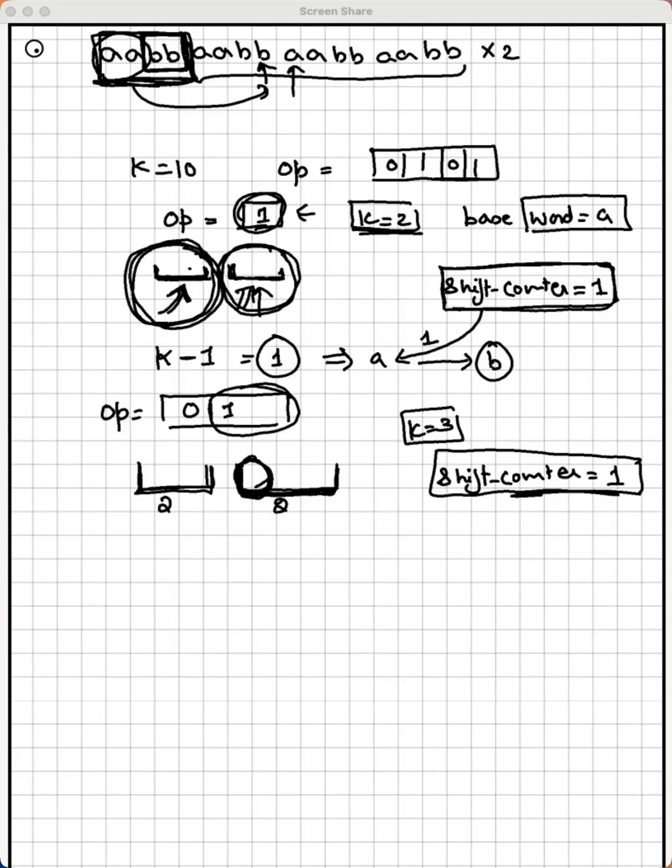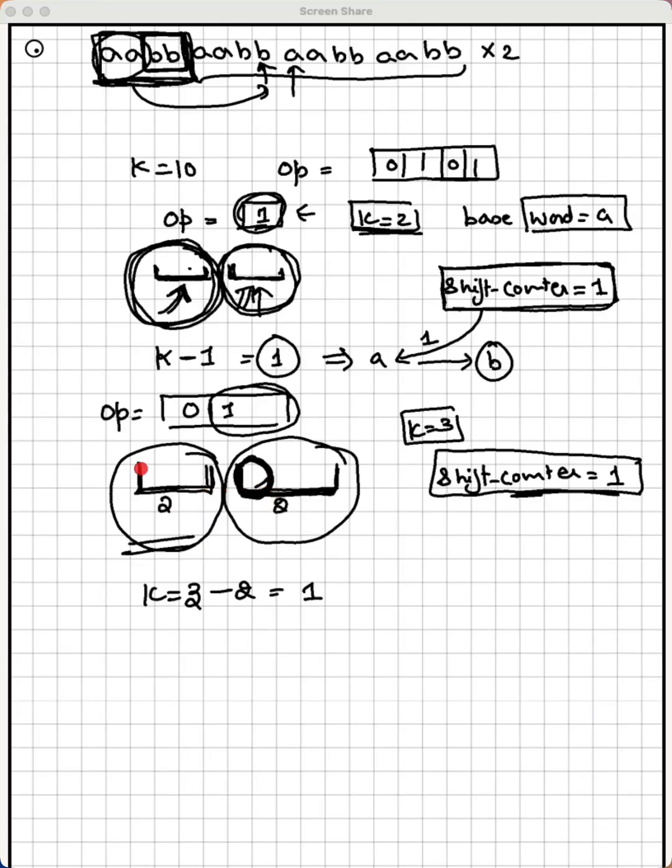So I have to shift this, and now after understanding how many times the previous state would have gotten shifted to get me this, I am ready to now process this state. So what would you do? K is equal to 3. 3 minus 2, if I have to subtract this, that gives me 1, which means on the left hand side, this element would have been the first element.